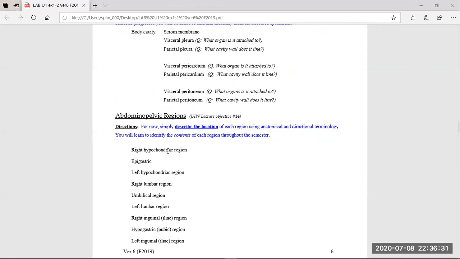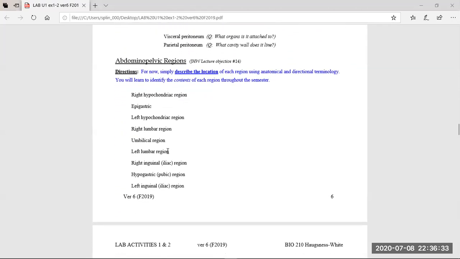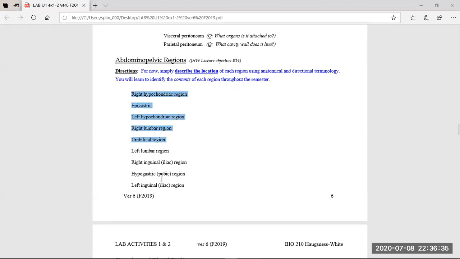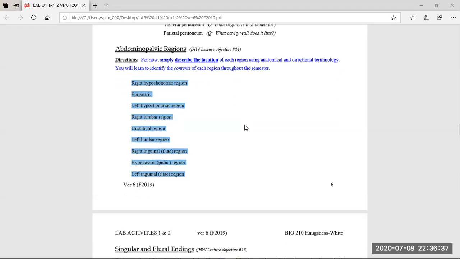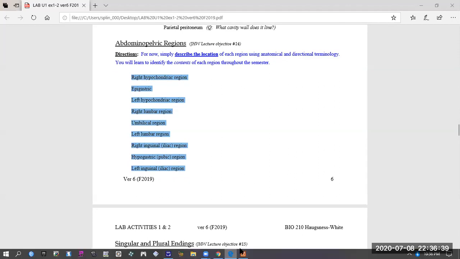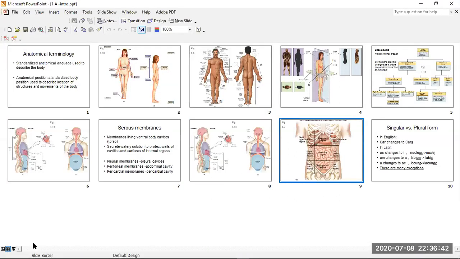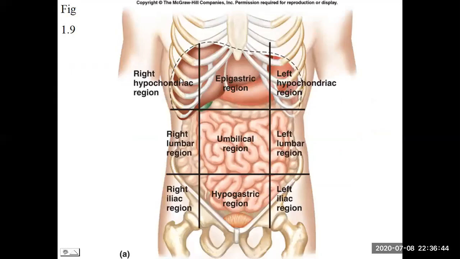Moving along now to the abdominopelvic regions, we have the names listed out here. And this is just simply now learning this grid right here. So we're able to see the superior abdominal region, the inferior pelvic region, and we just see these 9 areas. Of course, right and left are going to be paired together.